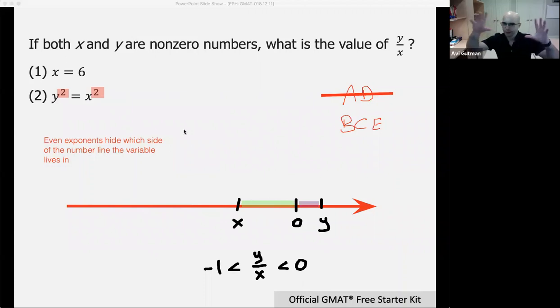Okay, so I'm imagining this west versus east, if you're into rap, or we've got two sides of this number line, the positive side, the negative side. Maybe there's some sort of Star Wars metaphor or analogy that you could use here, the dark side, etc. And when you square a number, or raise it to the 4th power or the 6th power, really any even exponent, you're going to lose some information there.